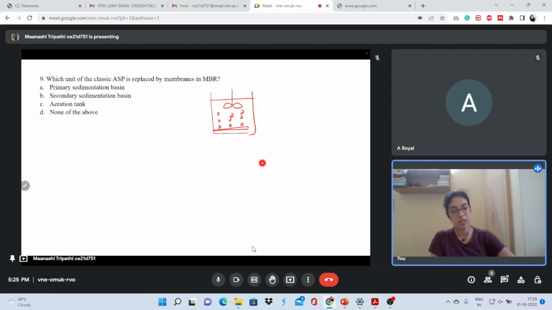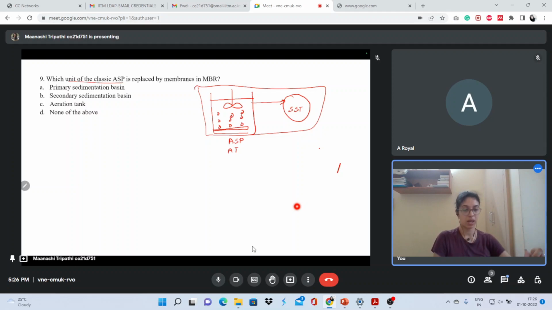This is what we call ASP, activated sludge process, aeration tank. When this aeration tank is combined with a secondary sedimentation tank, this whole process is called ASP. So there are two things in ASP: the aeration tank as well as the secondary sedimentation tank. So which unit has been replaced by membrane to convert ASP into MBR?